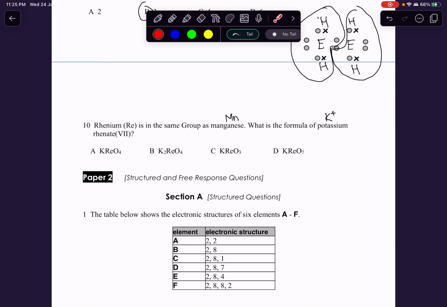And then this is actually a polyatomic ion. Same group as manganese, so you need to check what is manganese's group. Manganese is actually a transition metal, right?